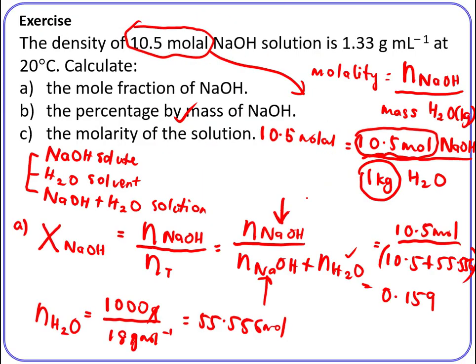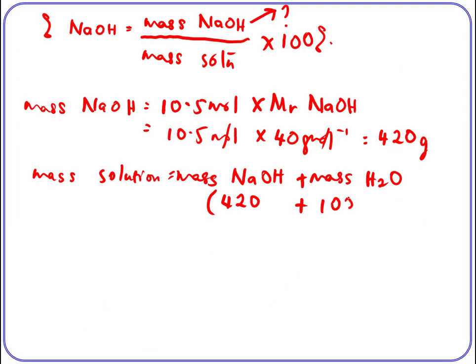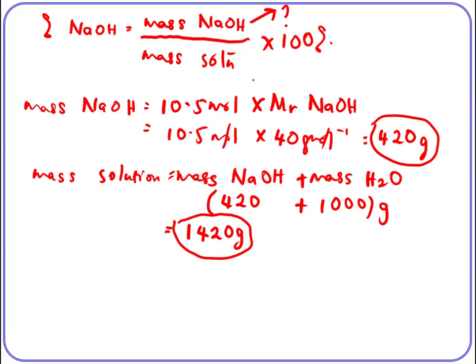How about the mass of water? How many gram of water just now? We have 1 kg, which is 1000 gram. Therefore, the total mass of both made up the mass of solution is 1420 gram. Then you insert both of 420 gram divided by this 1420 gram in this formula.